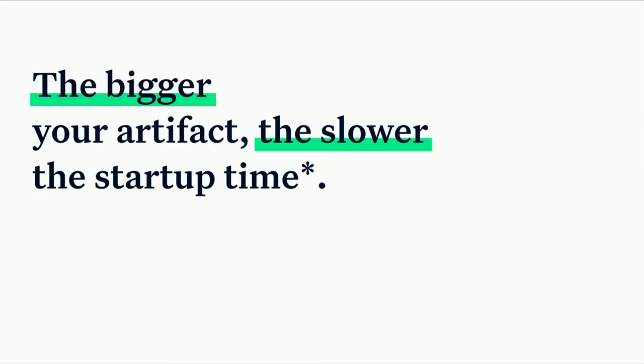Because the bigger your artifact, the slower is the startup time. There are ways to reduce that by, for example, keeping your functions warm. But as soon as you hit a spike in your traffic, you still run into this cold start. So warming up functions will never eliminate the chance that you run into a cold start.